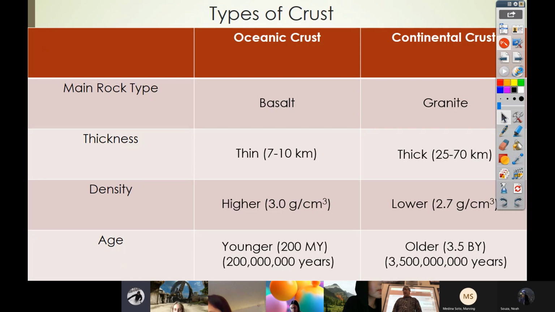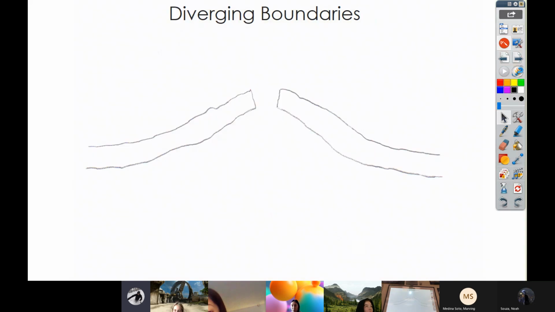So we're going to do one more diagram today. And actually, no, we're supposed to do 2 more diagrams today. Sorry. So what we're going to do is start with the diverging boundary, which is the one where they move apart. So you can start a new diagram. Again, you're going to want at least half a page for this.